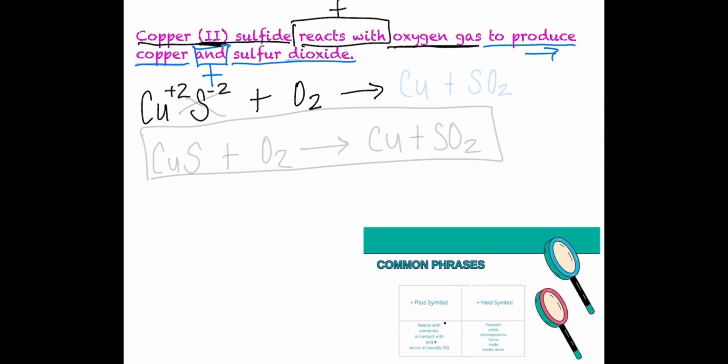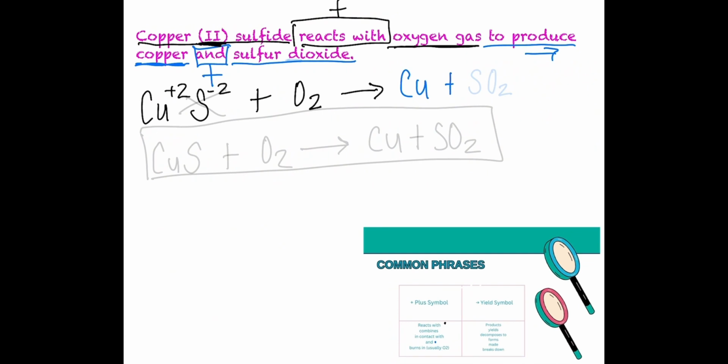Now we're going to go to our products. Copper again has the element symbol of Cu, but you notice that it's just copper by itself. It is not paired with any other element, so I do not have to write the oxidation number, because where would the oxidation number go if it's not paired with anybody?